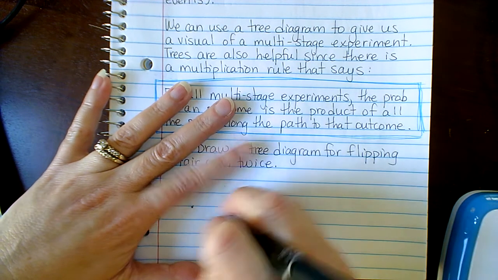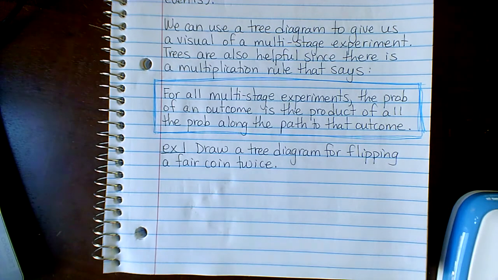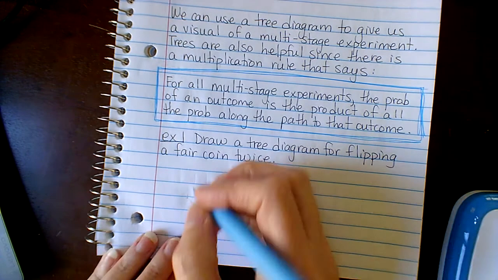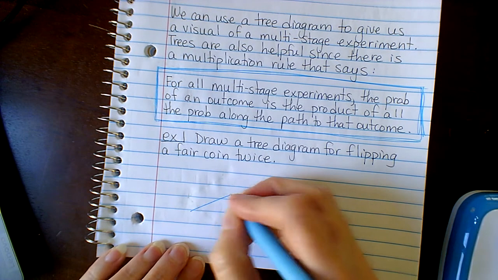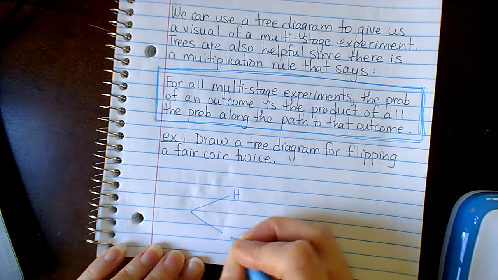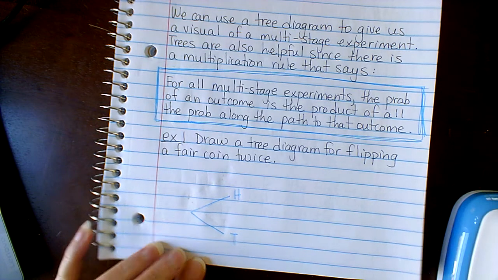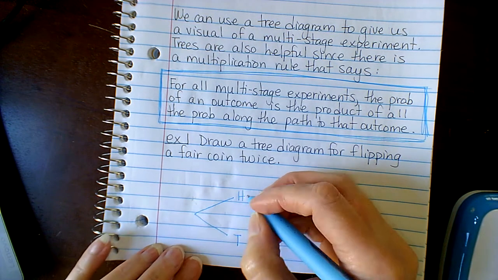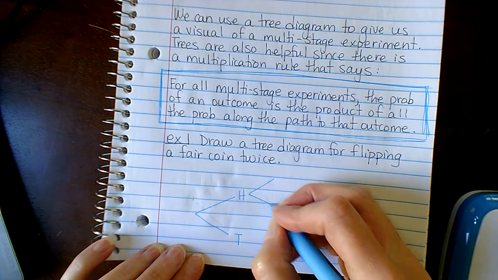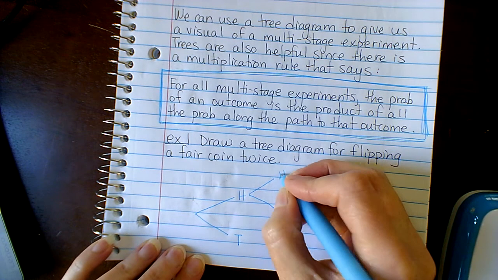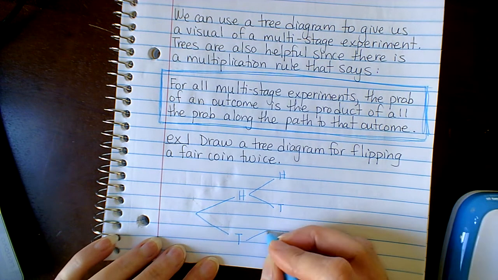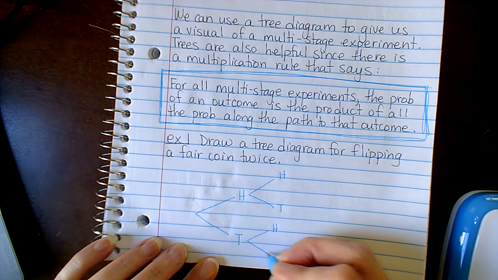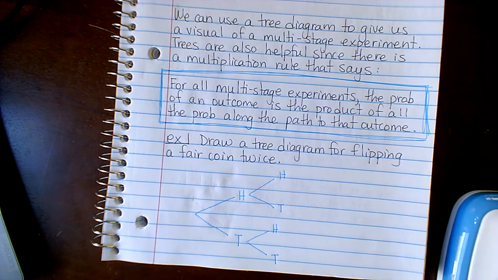I try to keep my notes so they don't take up a trillion pages, but that means I end up cramping everything in. All right, so let's do this. Heads, tails. Now, if you flip heads the first time, you have to flip it again. Well, your options now are still heads or tails. Here, heads or tails.